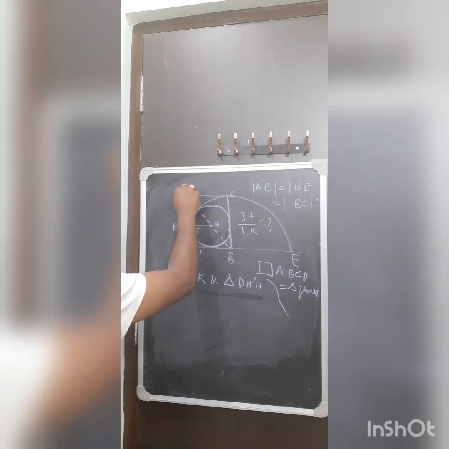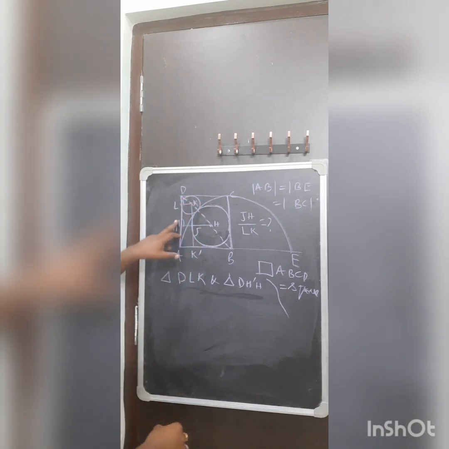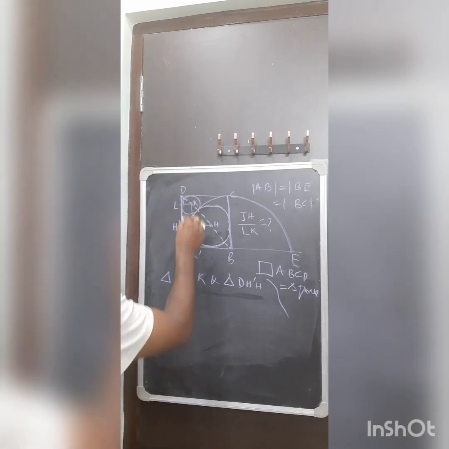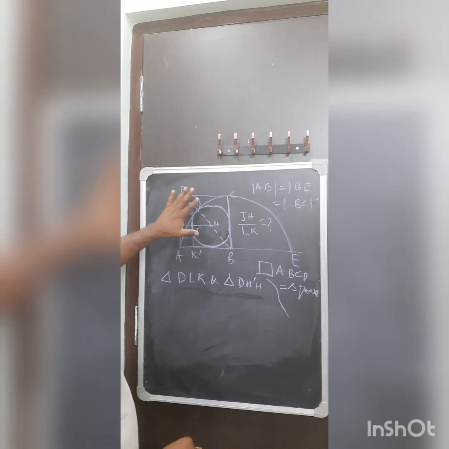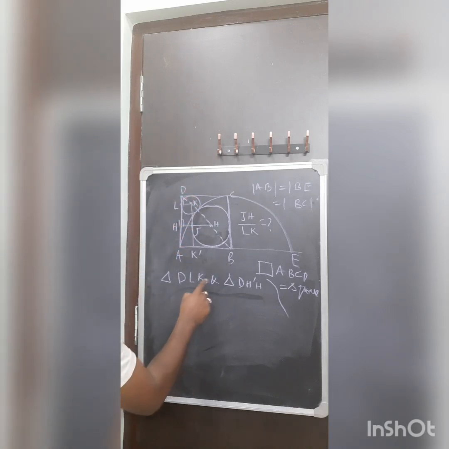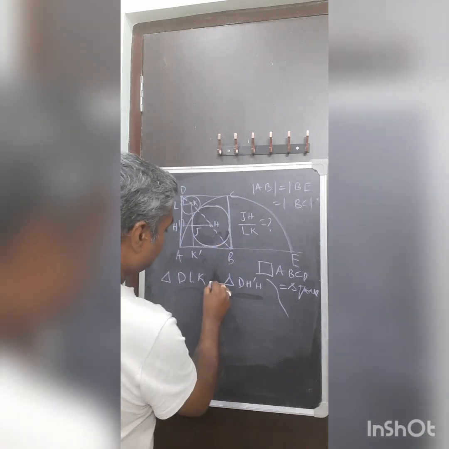This is a common line, these are parallel lines, and both are perpendicular to the sides, so these are making 90 degrees. So these two parallel lines cut by two other lines will make the triangles similar. So these are nothing but similar triangles.